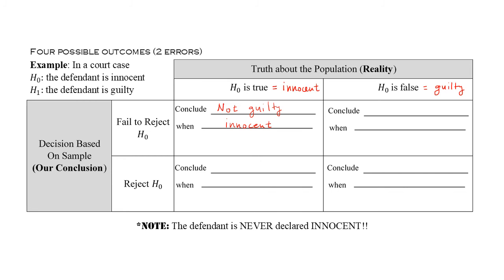And so the conclusion that we would draw here is again that he's not guilty because we're failing to reject it, but in fact he is guilty. So you see in this case we've made an error.